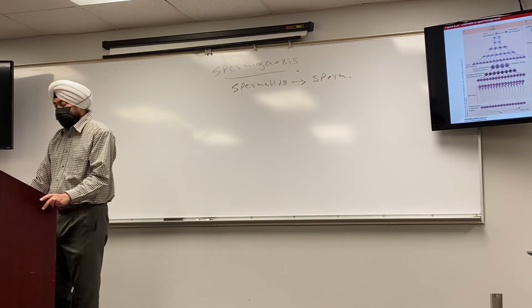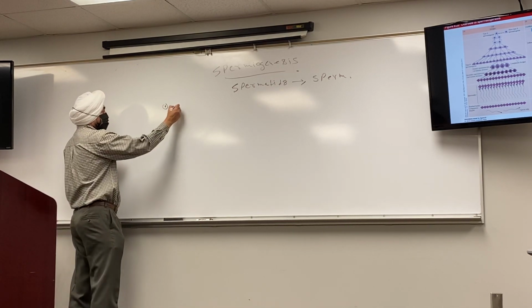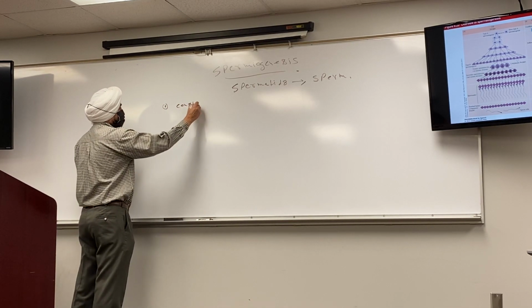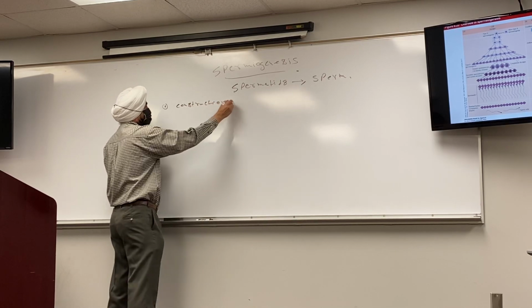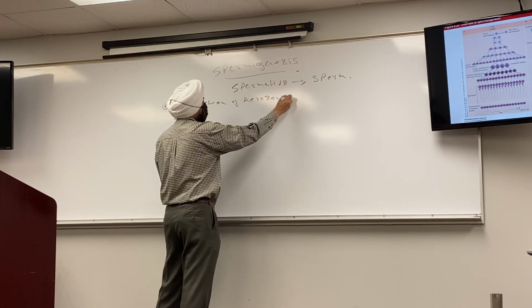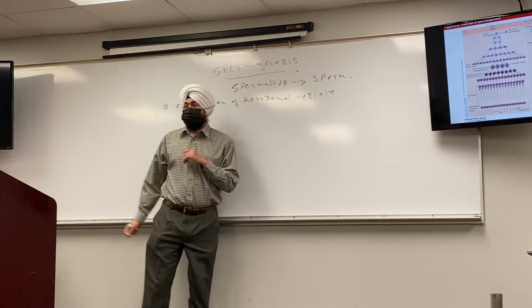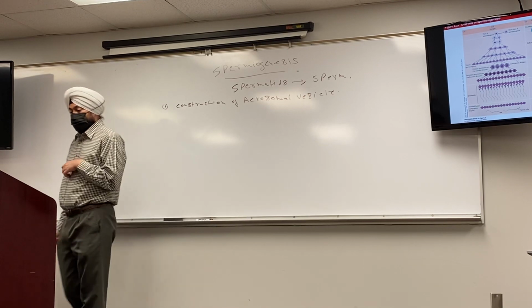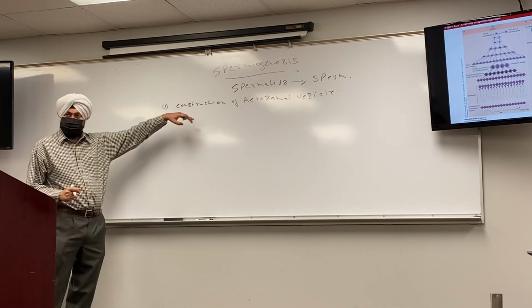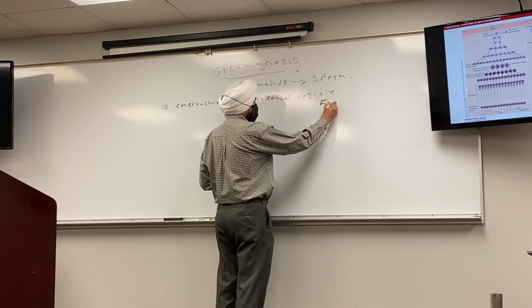So what is happening in this case? The first thing that is going to happen is construction of the acrosomal vesicle. Now, this construction of the acrosomal vesicle is from the Golgi, right?